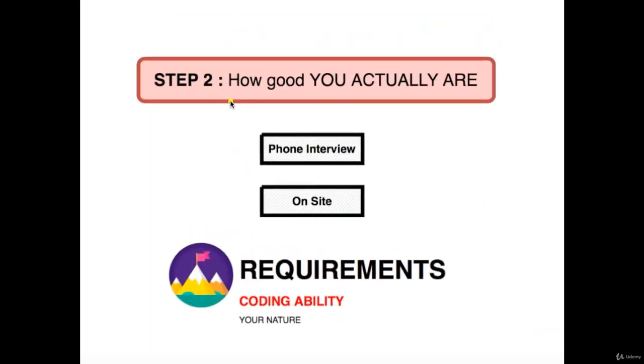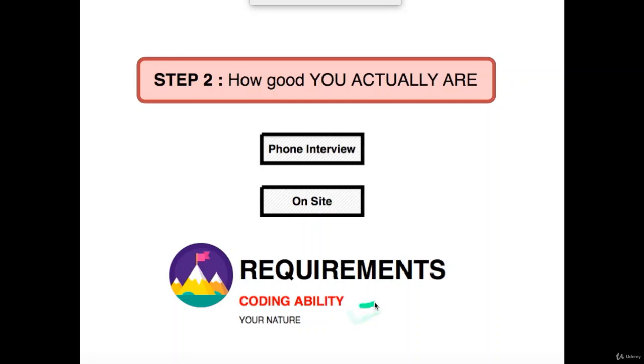In the next step, the company analyzes how good you actually are. It comprises a telephonic interview, which is followed by a virtual or an on-site interview. It is a purely technical round, and all your technical skills are very crucial here. The traits analyzed in this step are your coding ability and your nature.